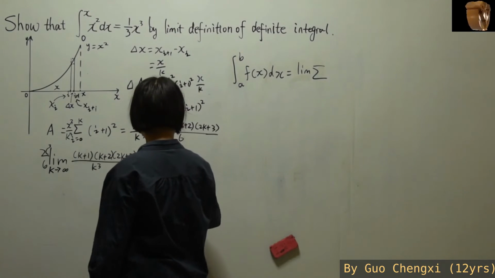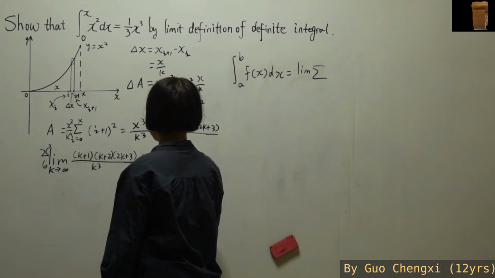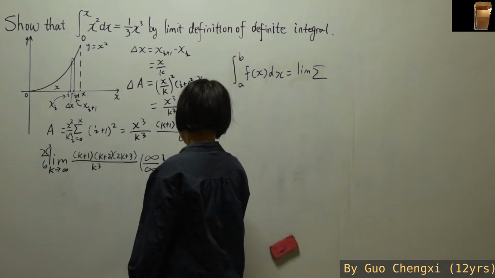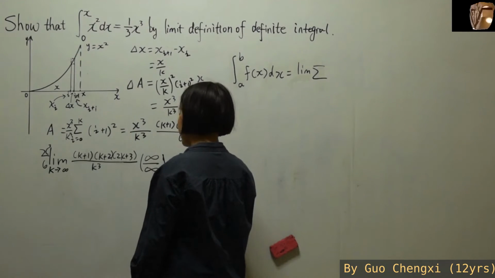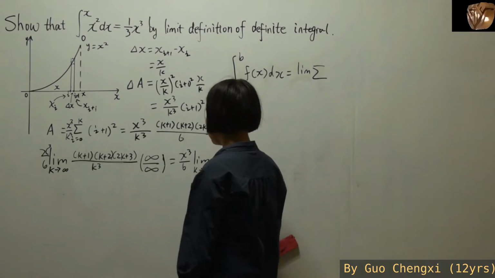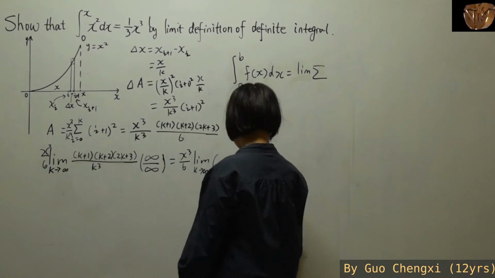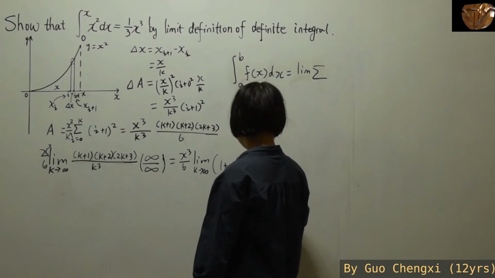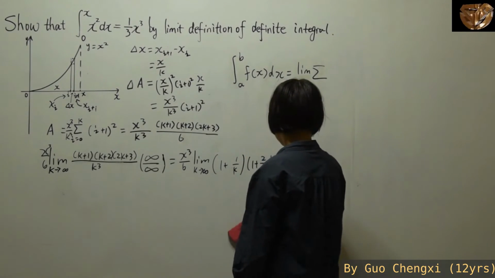So how are we supposed to solve it now? We can use a method of changing conversion between infinity calculation to infinitesimal calculation, whereas both sides we just divide by k cubed, and then here you end up with 1 plus 1 over k, 1 plus 2 over k, and 2 plus 3 over k.